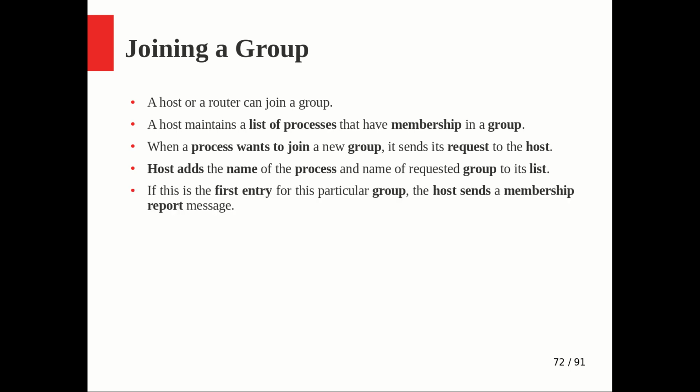Individually, the host is maintaining a list, like say process 1 wants to participate in this particular group, say with some ID, say 225 dot something. Say process 2 wishes to be part of the same group, say 225 dot something. Now process 3 wants to be part of a different group, say 229 dot something.